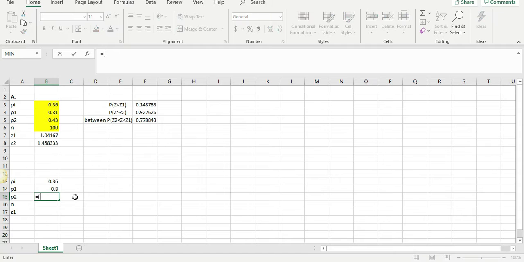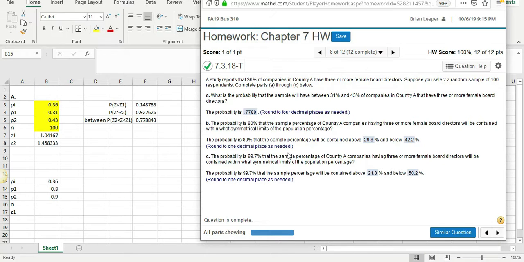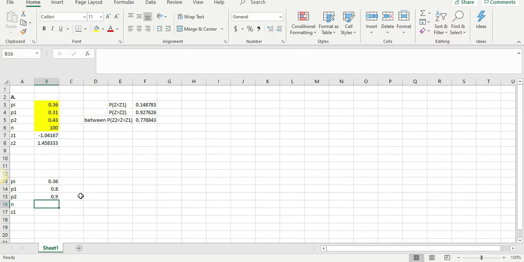P2 is going to be equal to P1 divided by 2 plus 0.5. N is given, it's the one from above, so we'll reference that.